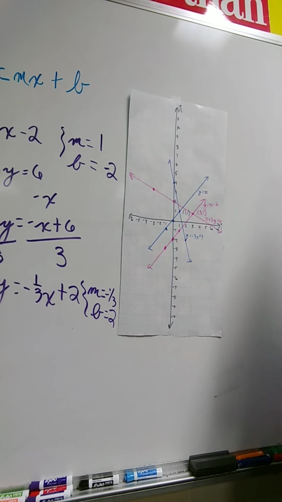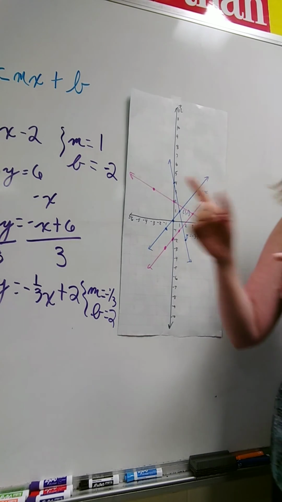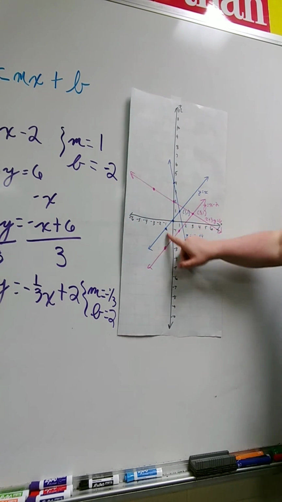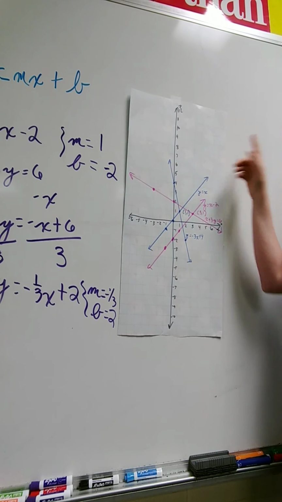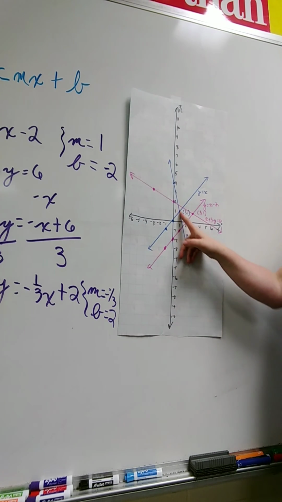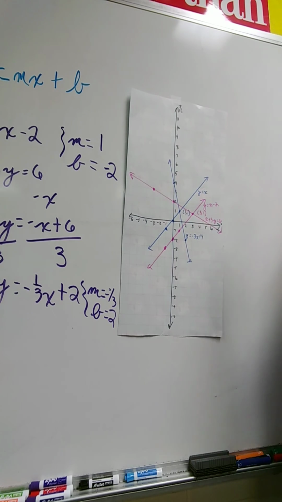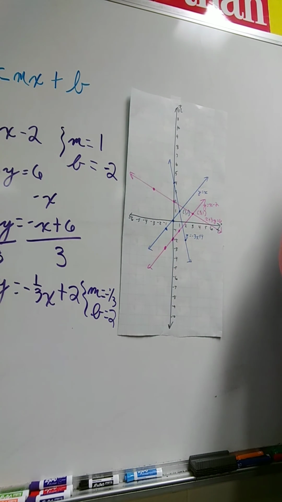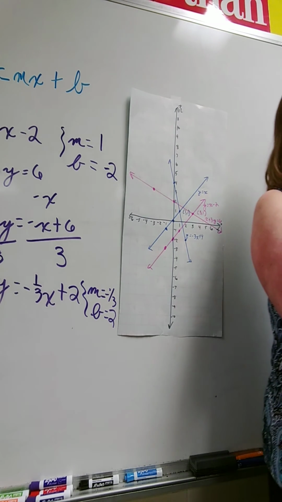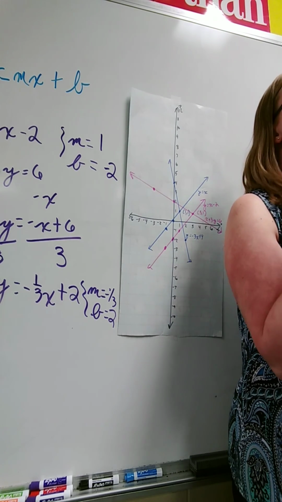Yes. Because the slope says we're going to keep going up and over the same amount every time, right? So if we are doing that at the same amount every time, are they ever going to touch? No. So if the slope is the same, how many solutions would we have? 0 solutions. Because if the lines will never intersect, we will never have a solution.